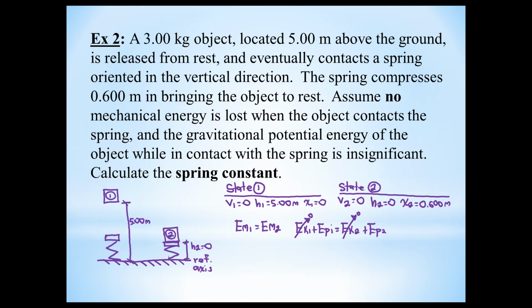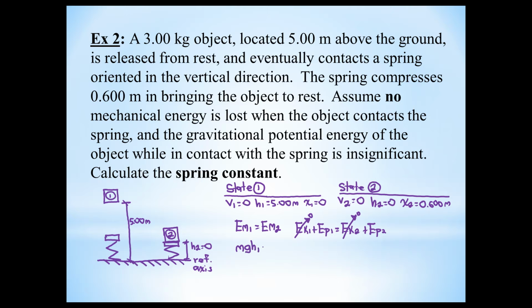Now, here's where things get a bit interesting. This EP1 and EP2 are not the same type of potential energy. The potential energy at state 1 is due to the object's position in the gravitational field. That's gravitational potential energy, so this would then turn into mgh1.